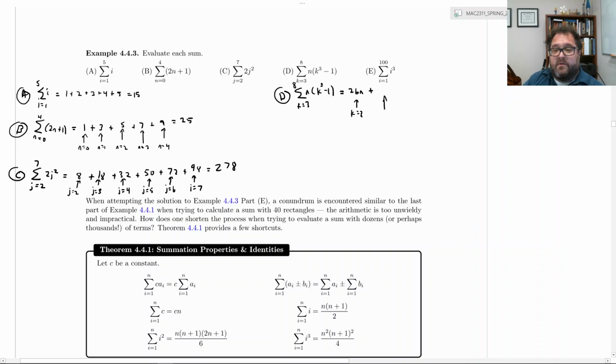Then we plug in k equals 4. 4 cubed is 4 times 4 times 4, which is 64. Minus 1 is 63, times n, 63n. Plus, now plug in a 5. So k equals 5. 5 times 5 times 5, k cubed, is 125. Minus 1 is 124, times n is 124n. Plus, and plug in a 6.